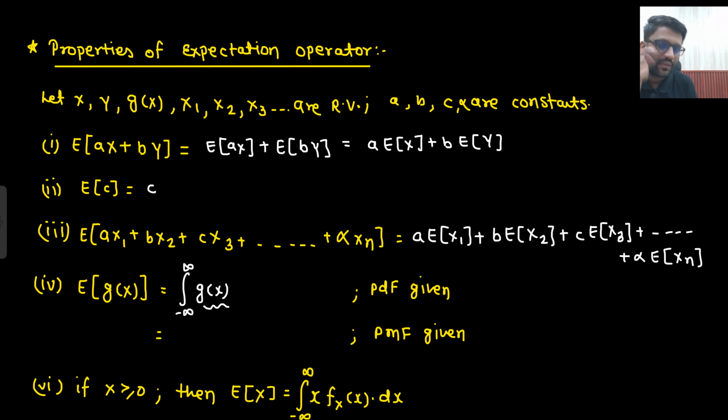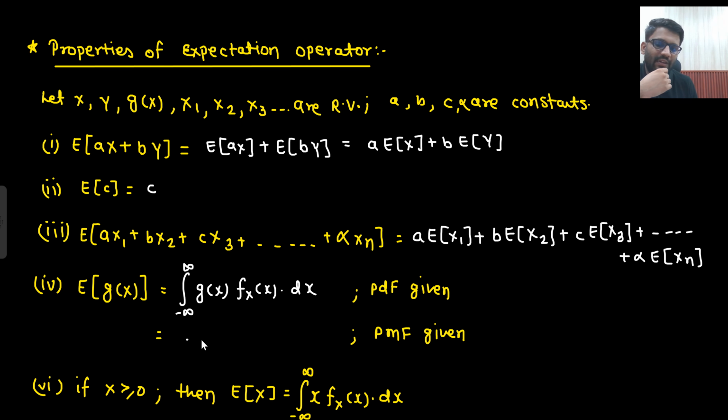Now this is a function of x. Since this is a function of x, that means you will put the PDF of random variable x dx. There you go. So expectation of g(x) would be given like this, where capital X is replaced with small x, and you put the PDF of random variable capital X only.